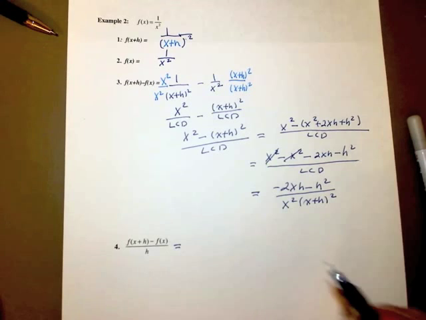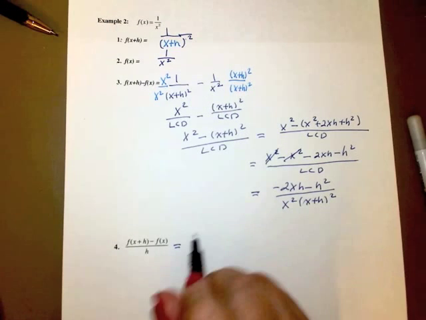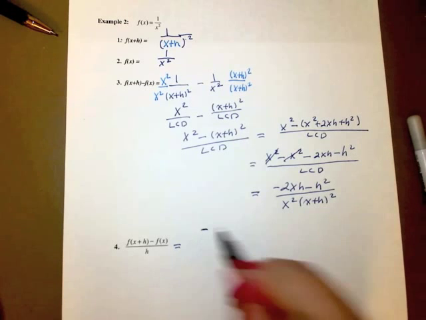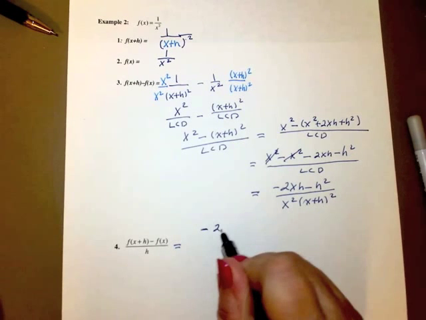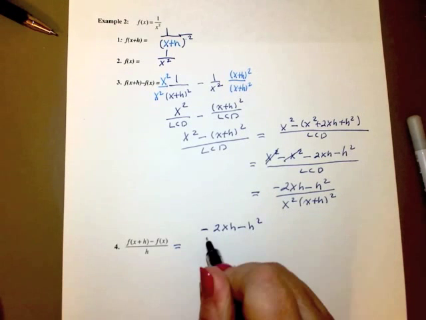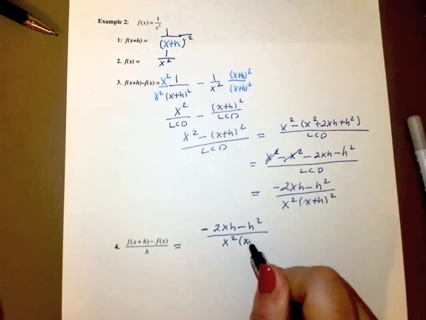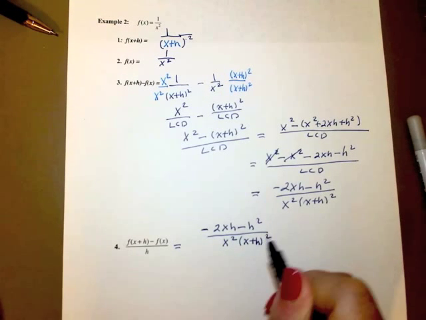So step 4 then says take what you got from step 3 and divide that by h. So this is minus 2xh minus h squared divided by x squared times x plus h squared.